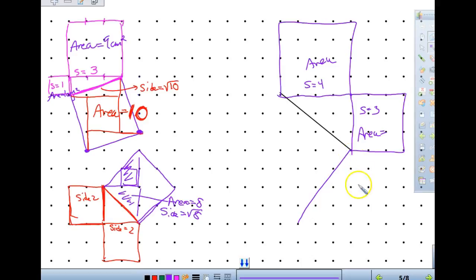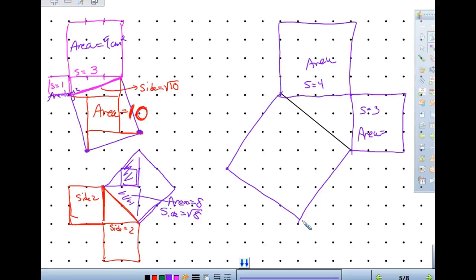So here you're going to go kind of down 4 and over that 3. 1, 2, 3, 4. And as close as you can get yours to be as square as possible. Okay?